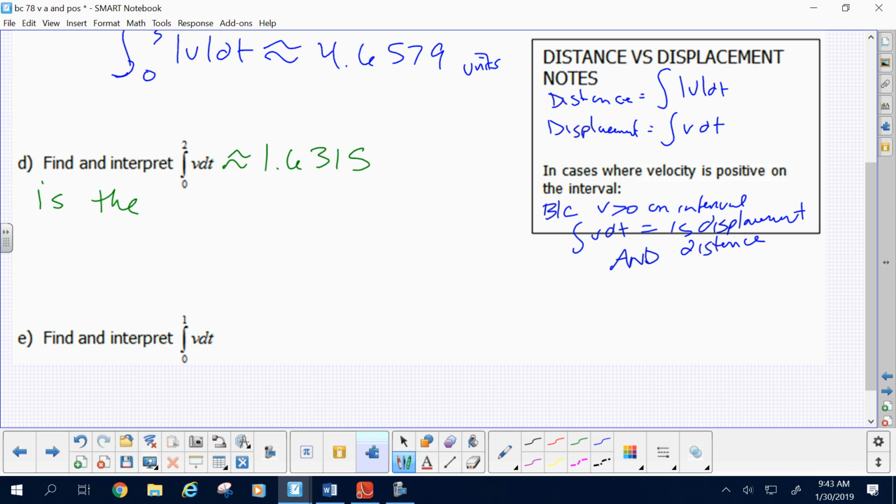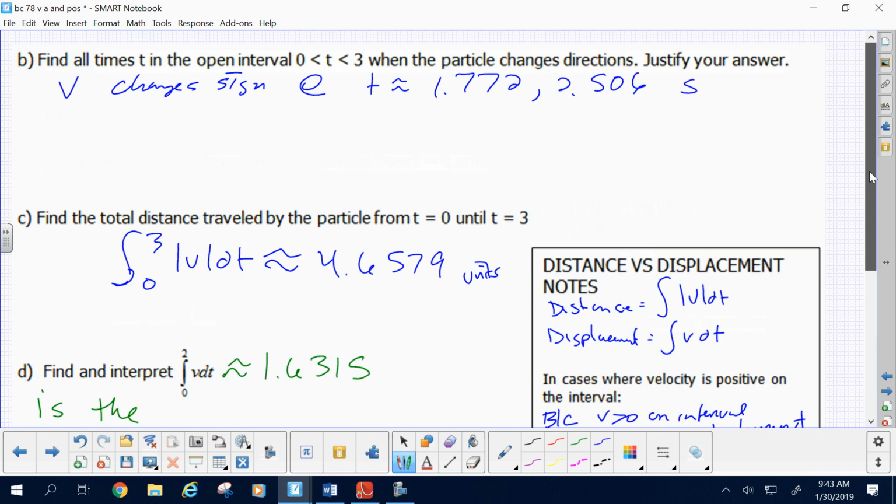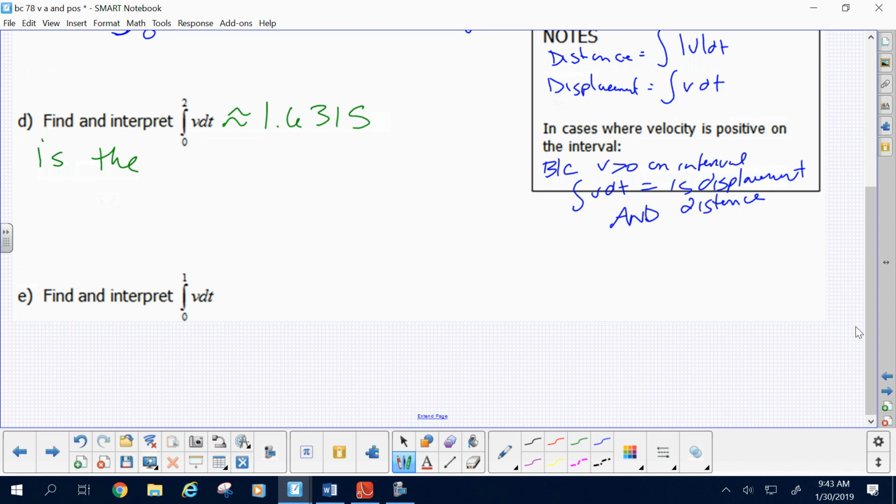Okay, put yourself in the shoes of a grader. Somebody said this is the displacement of the particle. Good enough? No. How about this is the displacement of the particle from time 0 to time 2? Still not good enough.